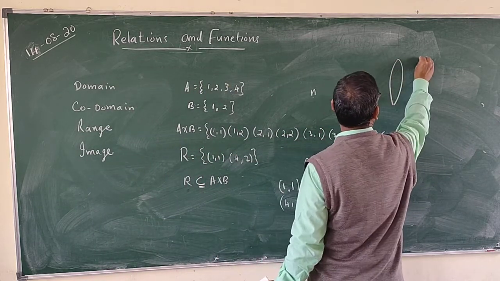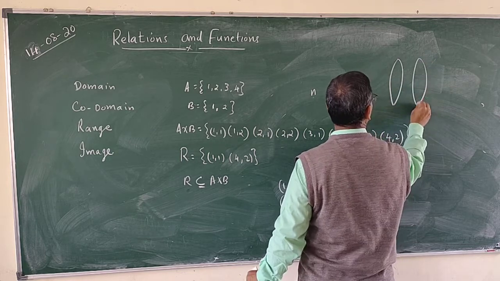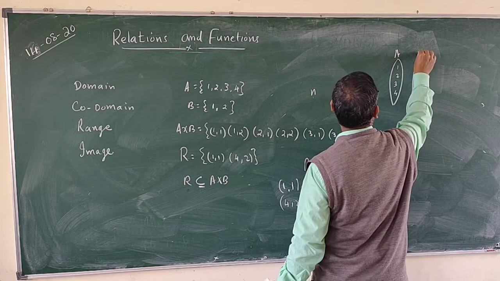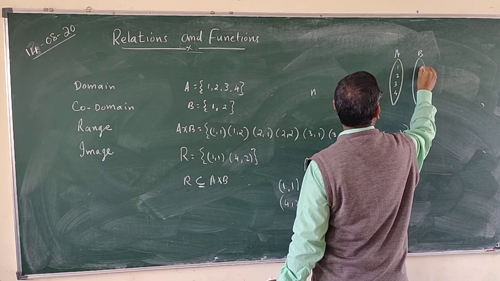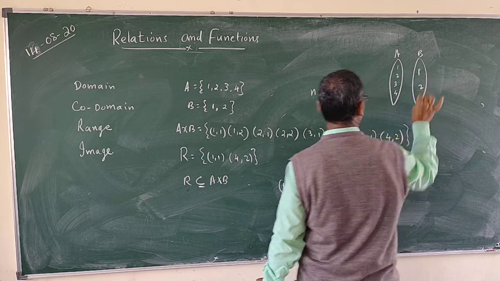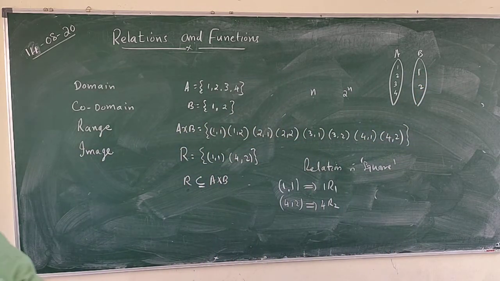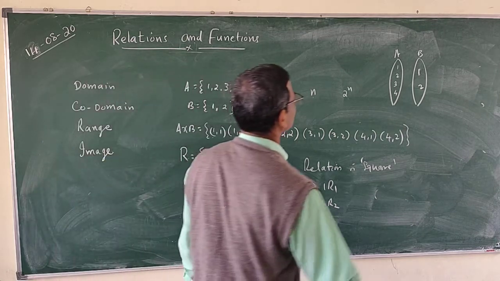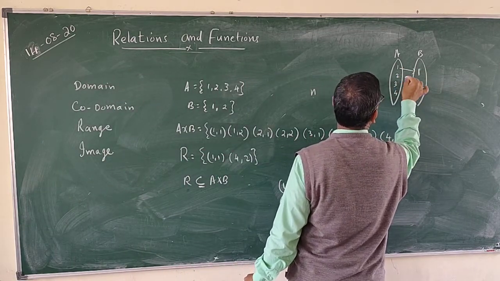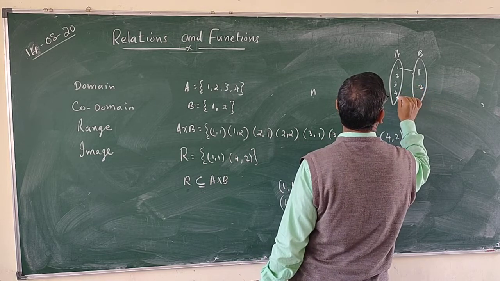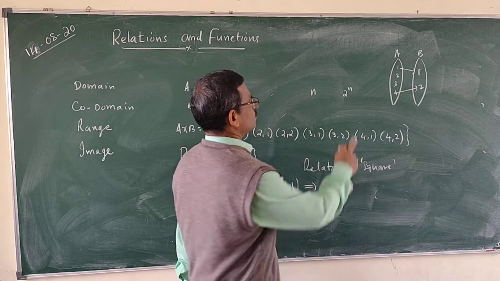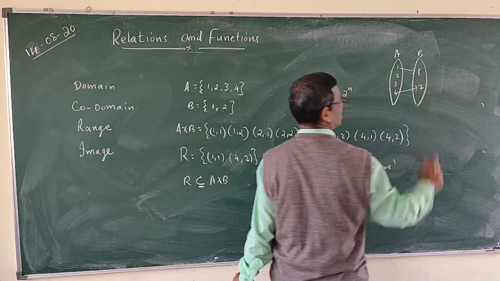Now I have marked like this. Suppose here 1, 2, 3, 4 is the set A and this is the set B, 1 and 2. Now see here, in what way are they connected? 1 is connected to 1 and 4 is connected to 2.